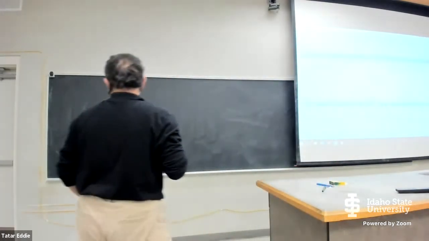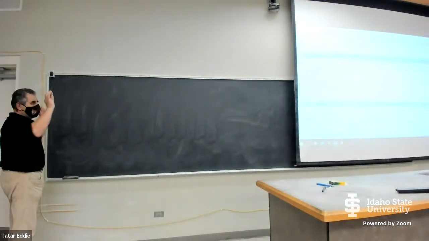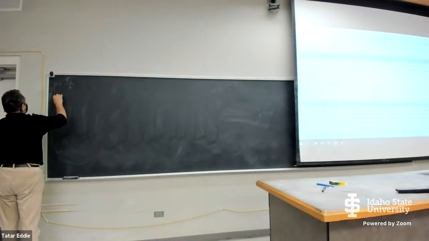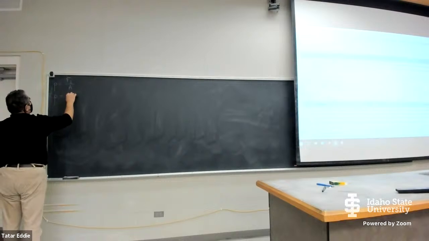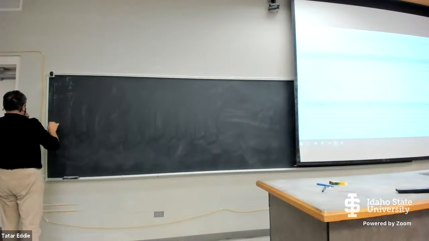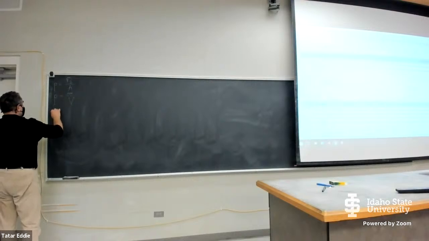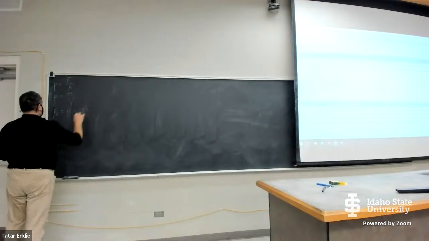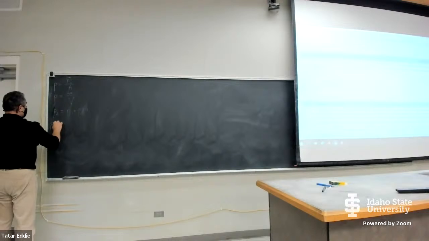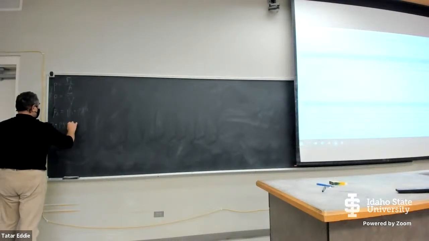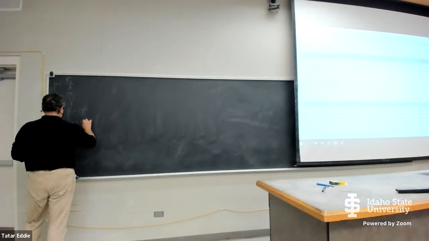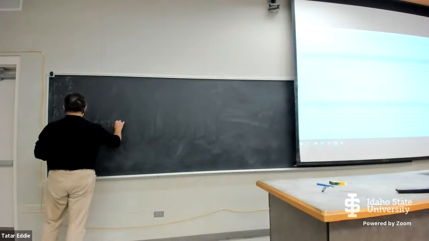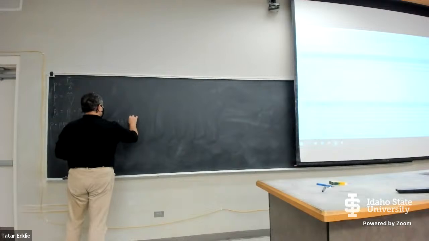Problem 12. Look, what we have is the definition for pressure, force per unit area, the definition of mass density rho as mass per unit volume, the hydrostatic equation, P2 is P1 plus rho g h, and Bernoulli's equation, P1 plus rho g y1 plus 1/2 rho v1 squared is equal to P2 plus rho g y2 plus 1/2 rho v2 squared.